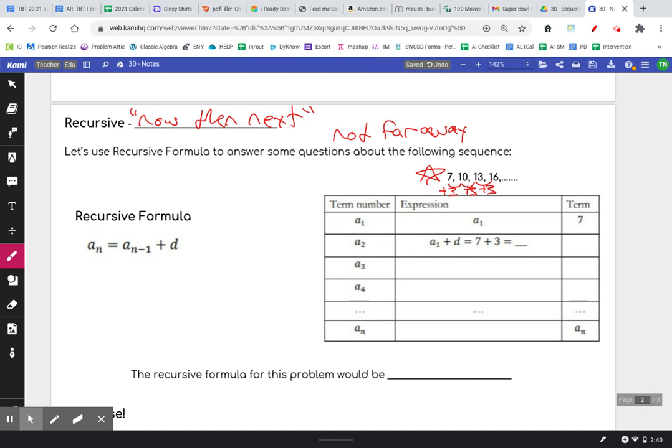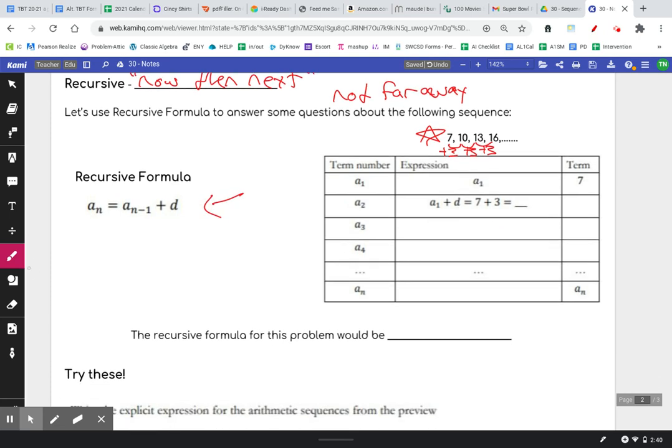Okay, and then we have this table set up, and this is what I want us to focus on today. This formula here is our recursive formula. It's read as a sub n equals a sub n minus 1 plus d.